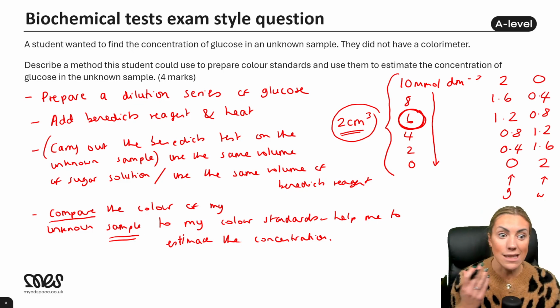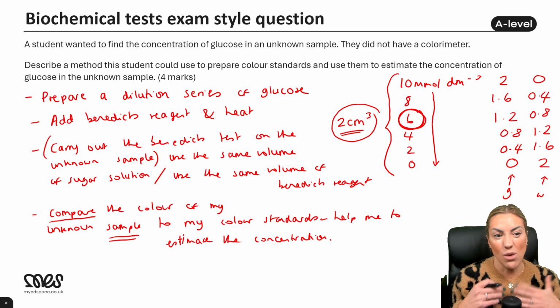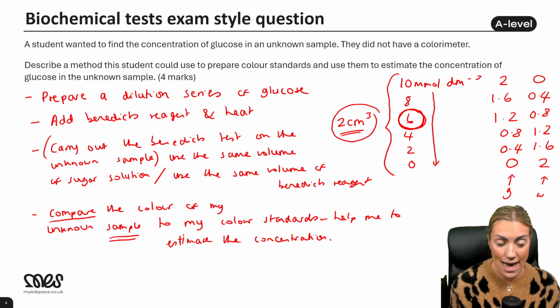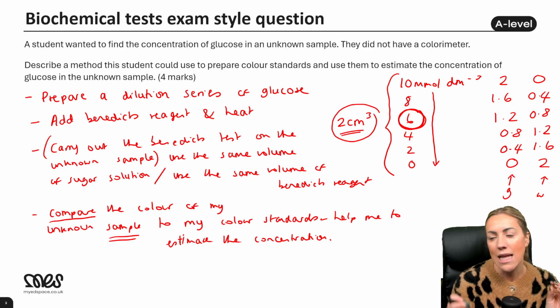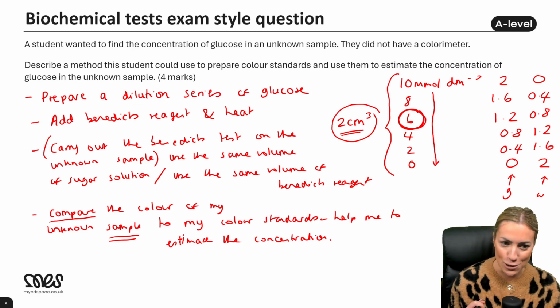They look really similar. I'm comparing them. So I know my unknown solution has a concentration of about 6 millimoles as well. Obviously, this is just an estimate because I'm not using a colorimeter, but the question told me that I couldn't. So this is really the best that I can do.